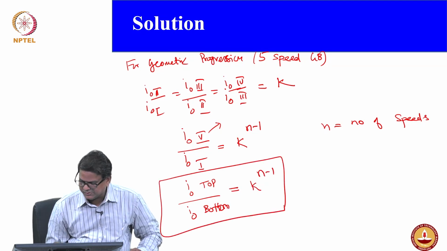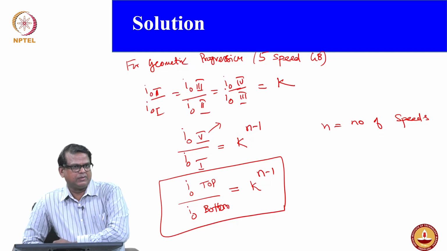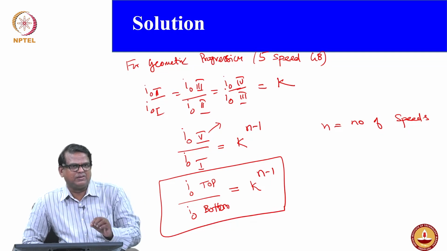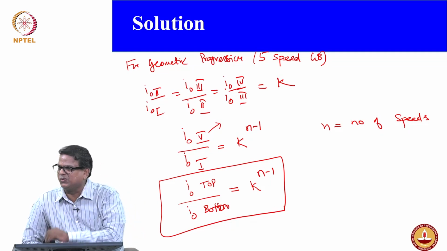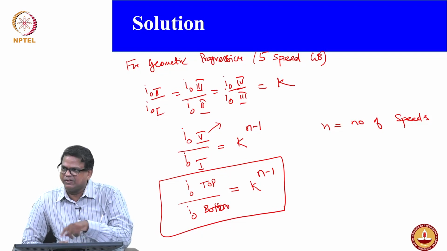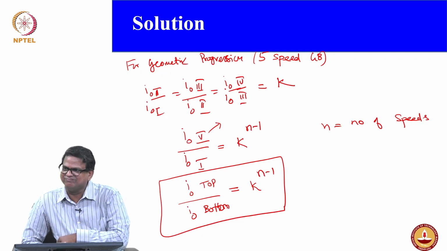So, this is the equation. Remember, previously it was given as individual speeds, here we are talking about a ratio. When you have a ratio, the formula changes slightly. Yes, it is overall transmission ratio.